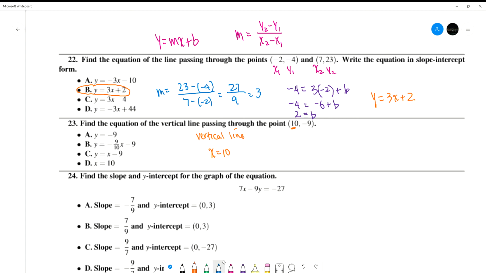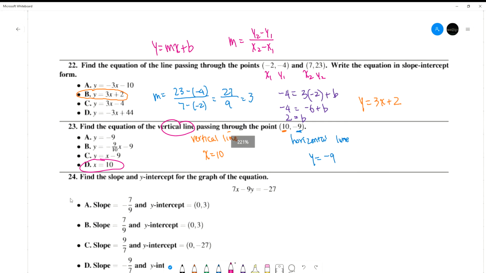And then for the horizontal line, it's y is equal to the y coordinate, negative 9. Right? So since they're asking for the vertical line, it's x is equal to 10. That was easy. You just have to remember it.